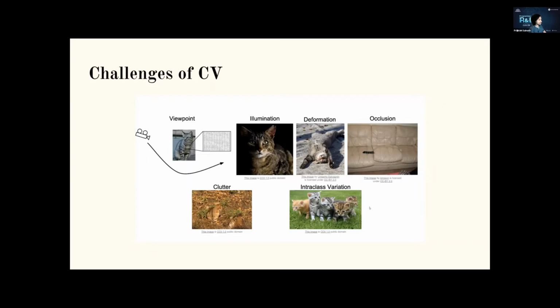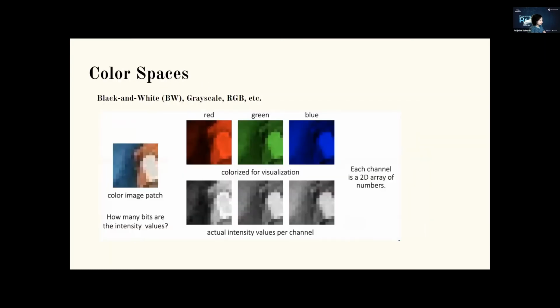If we want to build the ultimate cat detector as our CV project, not all cats are the same. There's class variation even among cats. There's a huge number of types of cats. So these are a lot of the challenges in computer vision.